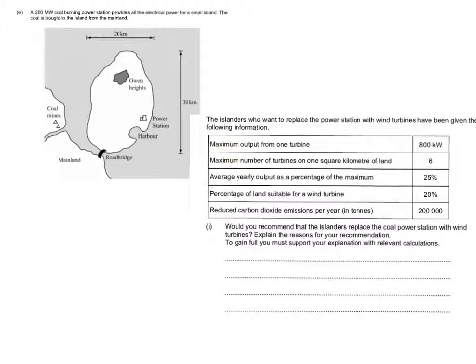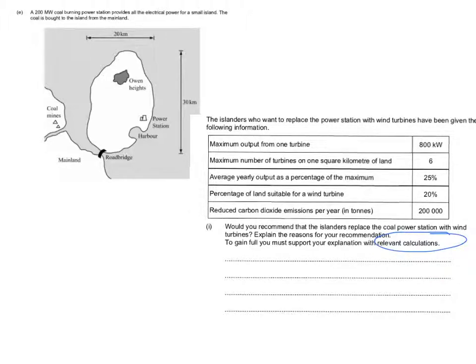The islanders want to replace the power station with wind turbines and have been given the following information. What they would like you to do is say, would you recommend that the islanders replace the coal power station with wind turbines? Explain the reasons for your recommendation. To gain full marks, you must support your explanation with relevant calculations. That bit there is key.